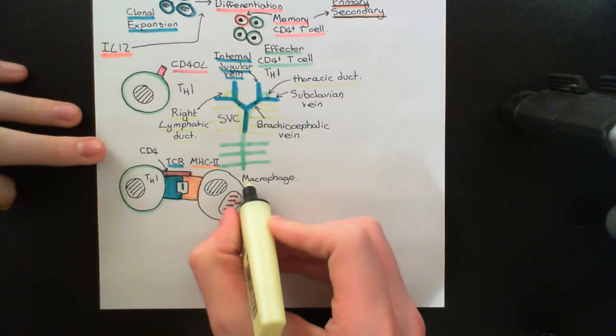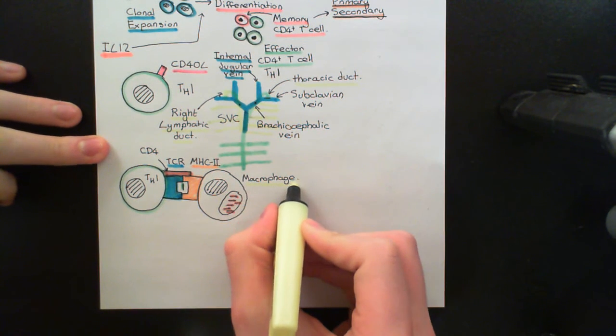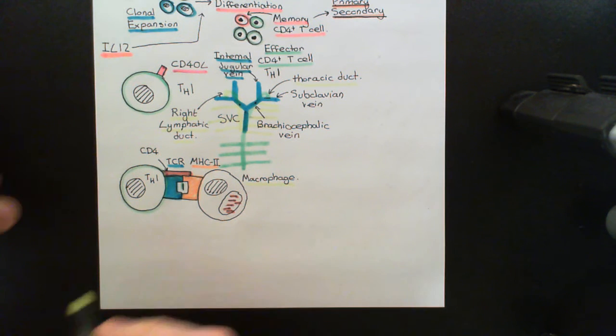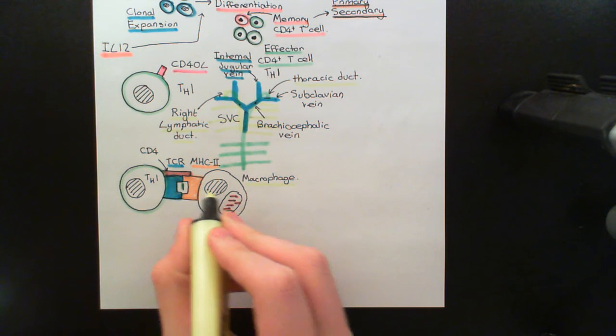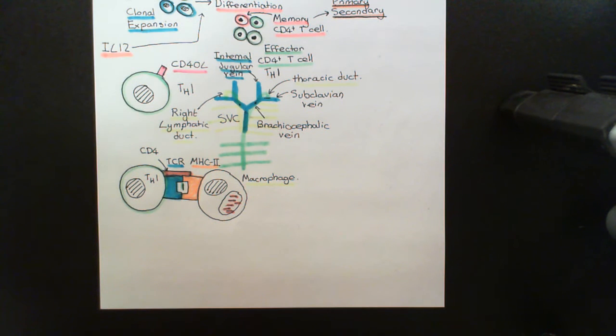Now, the T helper 1 cell is going to deliver activation to this macrophage. It's going to deliver huge signals that are going to help promote the breakdown mechanisms for the Mycobacterium tuberculosis. So this is the role of the T helper 1 cells.